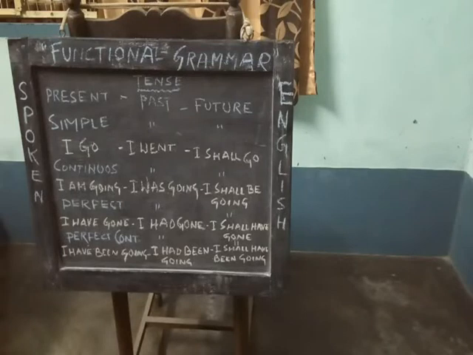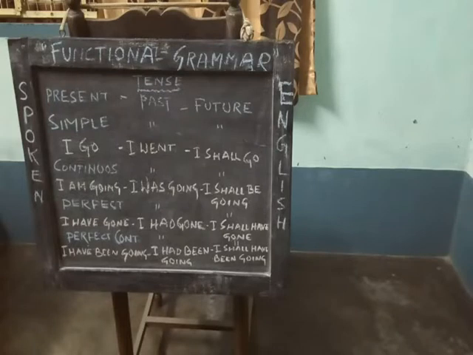This is present perfect tense. Theoretically, how we can say what is present perfect tense? To say about present perfect tense, any action has been completed, finished, or done just now, or a little time back with immediate now. This is called present perfect tense.